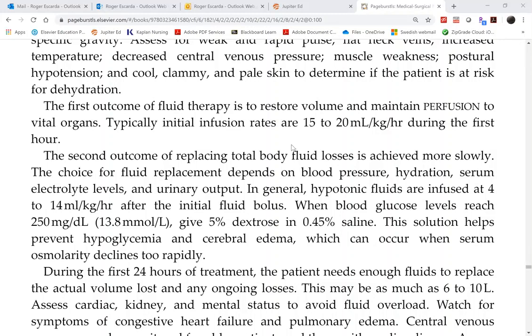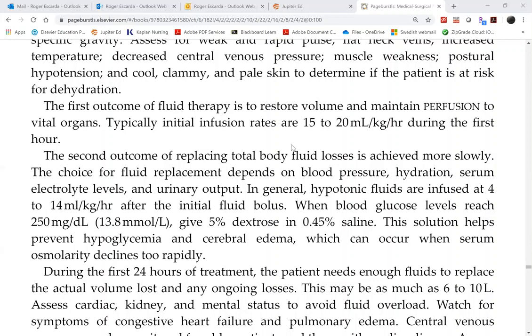Is it 15 to 20? Yep, mLs per kilogram. So how many mLs per hour will you run this thing? 1,050 minimum. All right, so we're talking about 1 liter to 1.4 liters here, depending on the patient's weight. That's a lot of fluids for the first hour. So you can easily go through 1 liter of fluid in less than an hour.